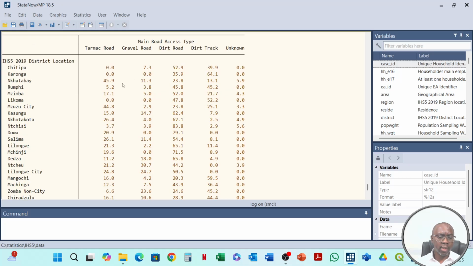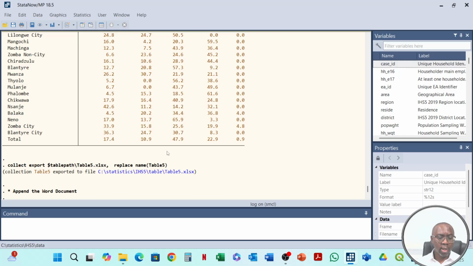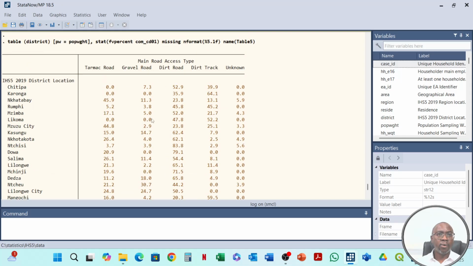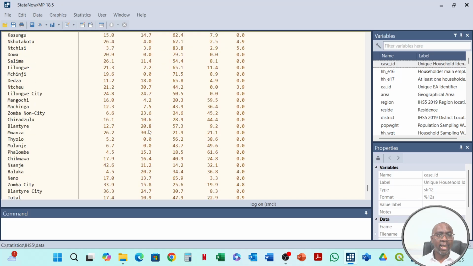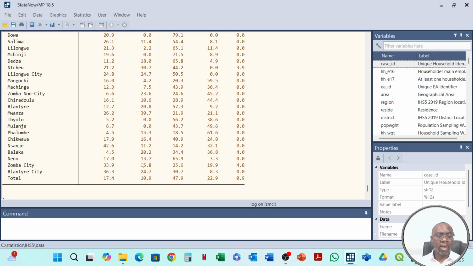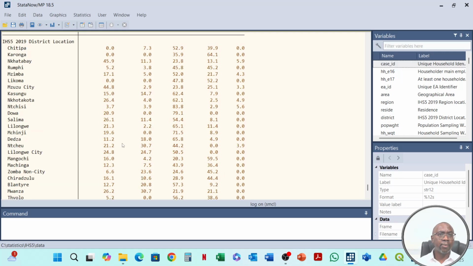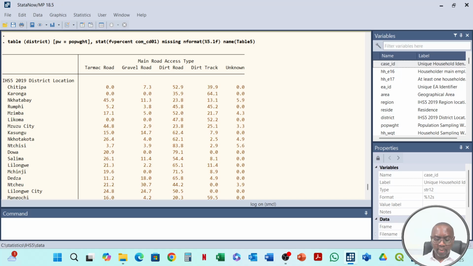But what it means in most cases, the secondary or tertiary roads are pretty much not tarmac. And then you could see that most of them, they're saying, okay, yes, we do have access to a dirt road, and also a few that also reported that they were having access to a gravel road or a graded road.